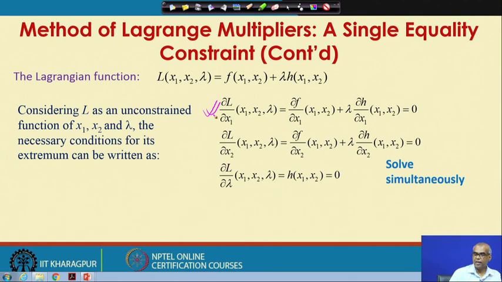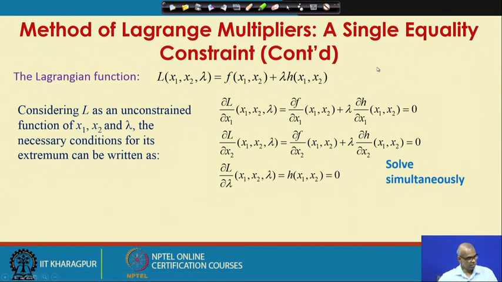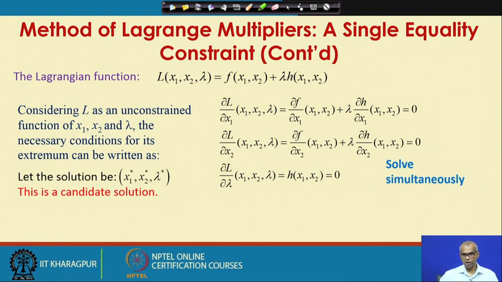Similarly, del L del x 2 is del f del x 2 plus lambda into del h del x 2, which will be equal to 0. Finally, del L del lambda is nothing but the equality constraint h. We need to solve these equations simultaneously, and if we do, we get the candidate optimal points x1 star, x2 star and lambda star.